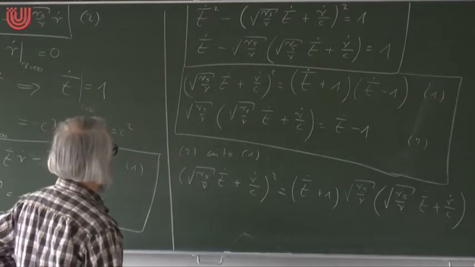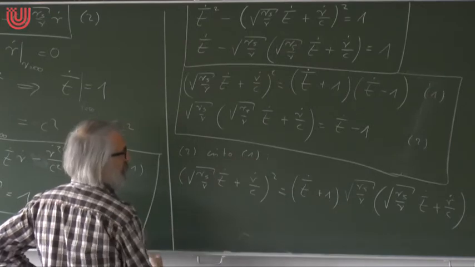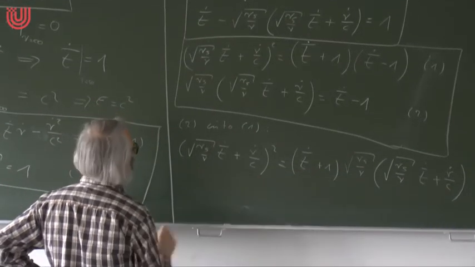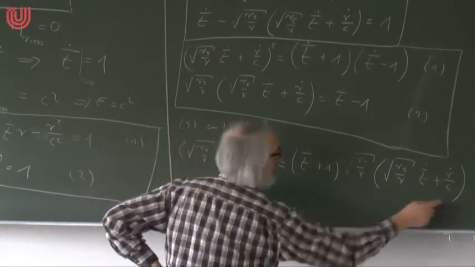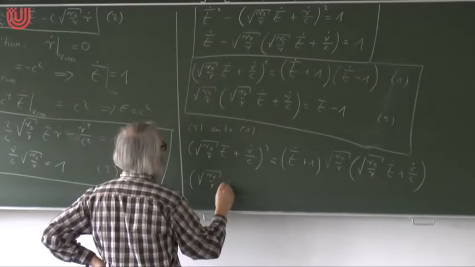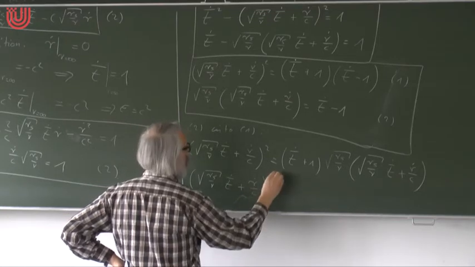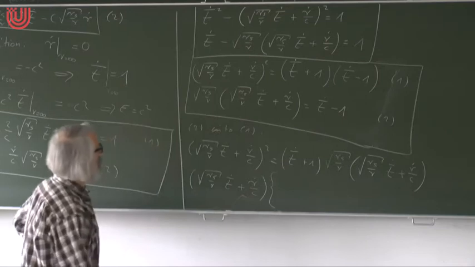And if I put everything to the left hand side, I can pull this factor out of the bracket. So I can write it as root rs over r t bar dot plus r dot over c, and then the rest combined together.